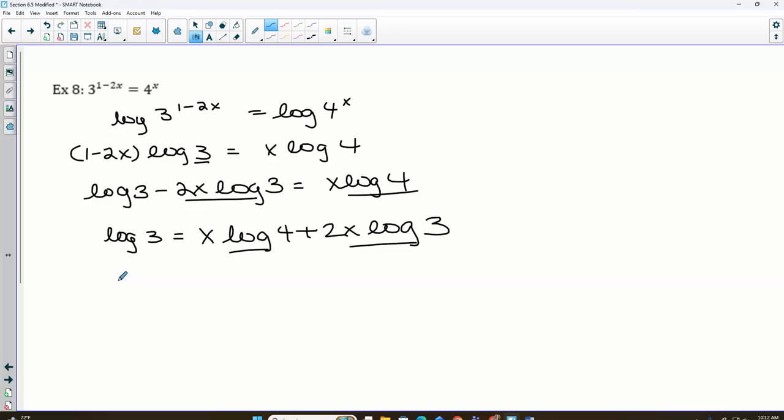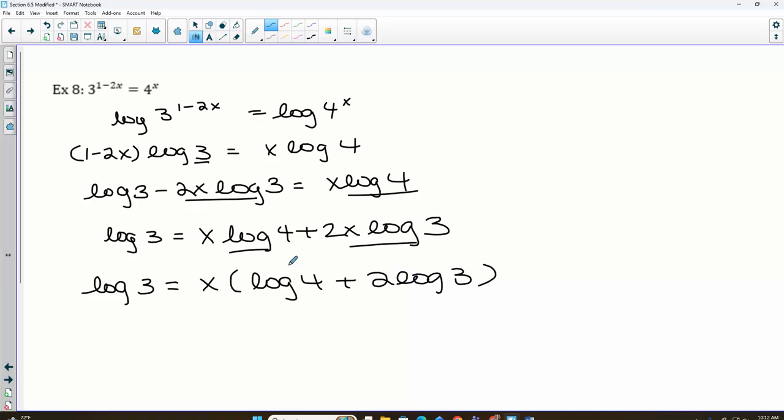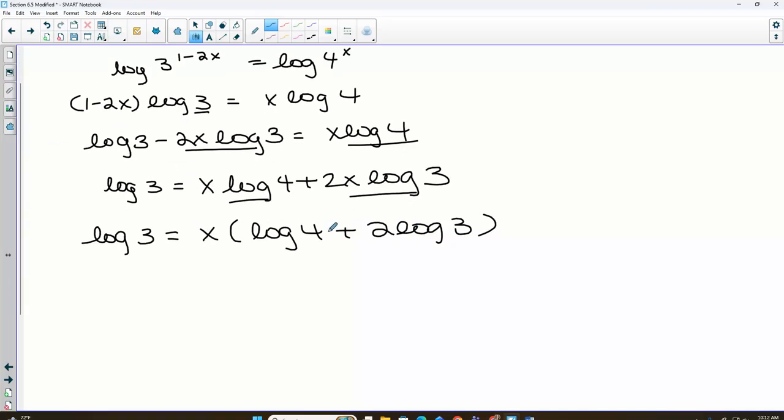Now both of these terms have an x in it, so what should we do? So really the only, a couple of small things, but I did see some people had a minus here, so make sure your signs are correct. Then to get x by itself, you divide by everything it's being multiplied with.